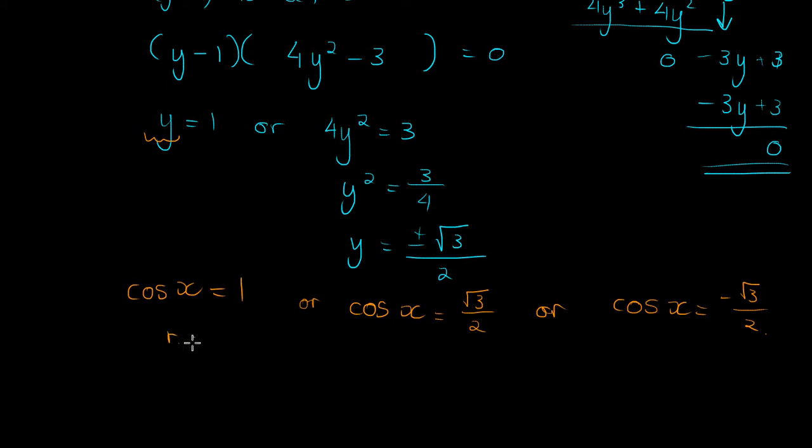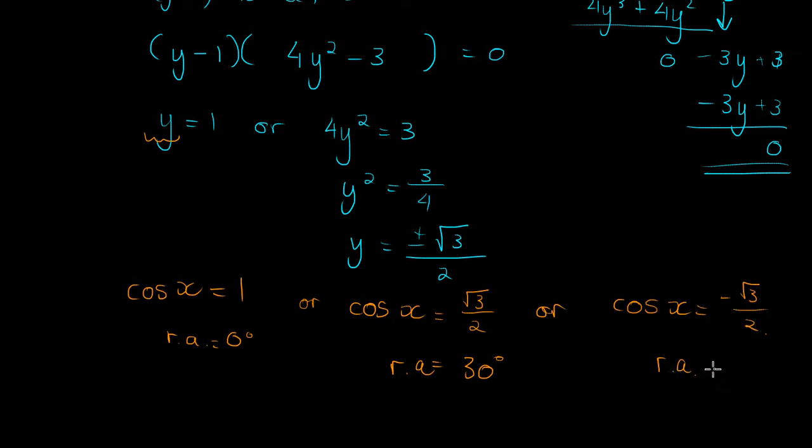Each one of these gives me a different reference angle. Cos of x equal to 1, that's for a reference angle of 0 degrees. Square root 3 over 2, that's a reference angle of 60, no I lie, 30 degrees. And then the final one, where is cos negative?